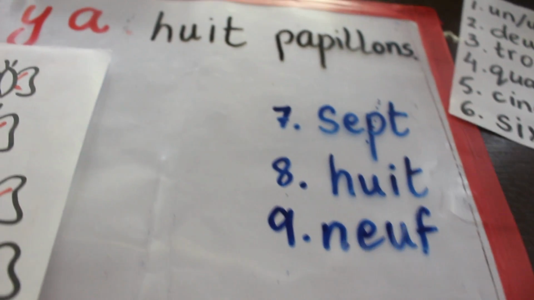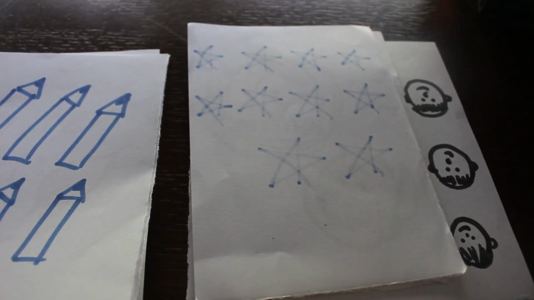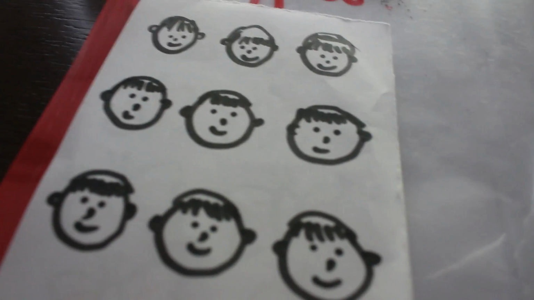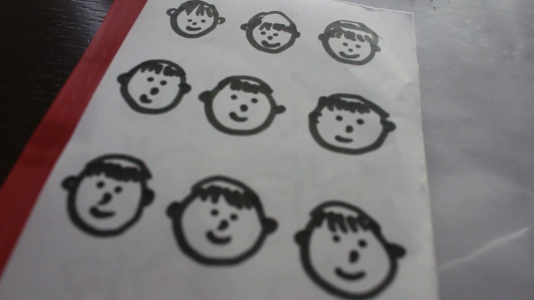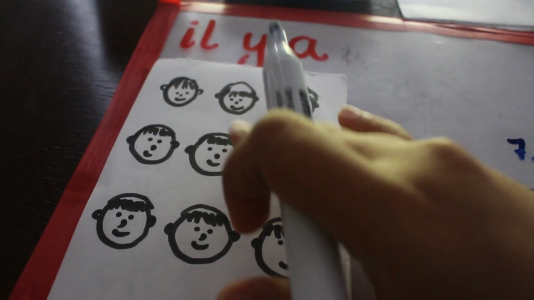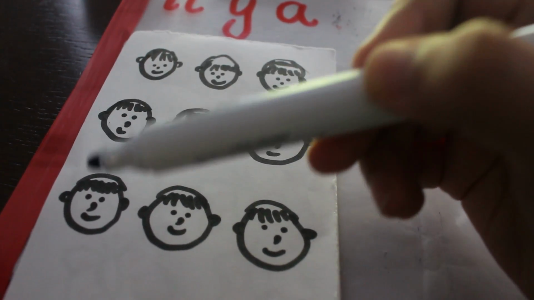So let's see what we have nuff over here. What do you call these? These are all boys. Remember the word for boys? Boys are called garçon. So il y a 1, 2, 3, 4, 5, 6, 7, 8, 9 garçons.